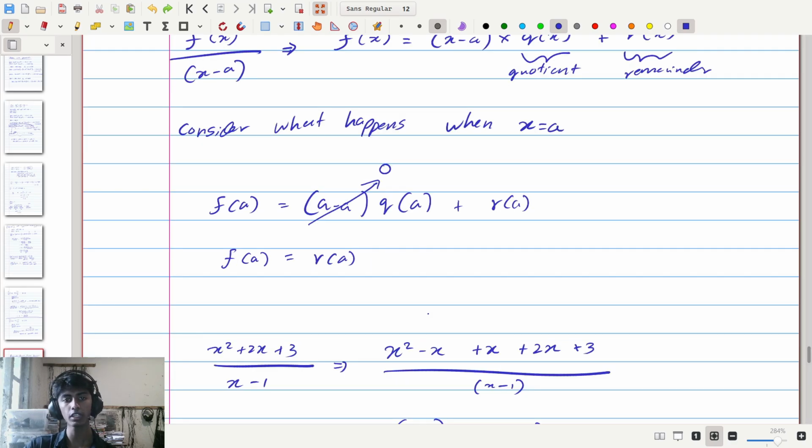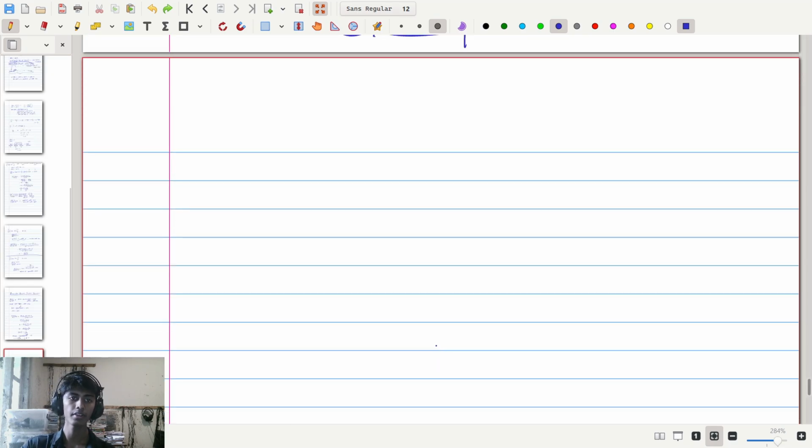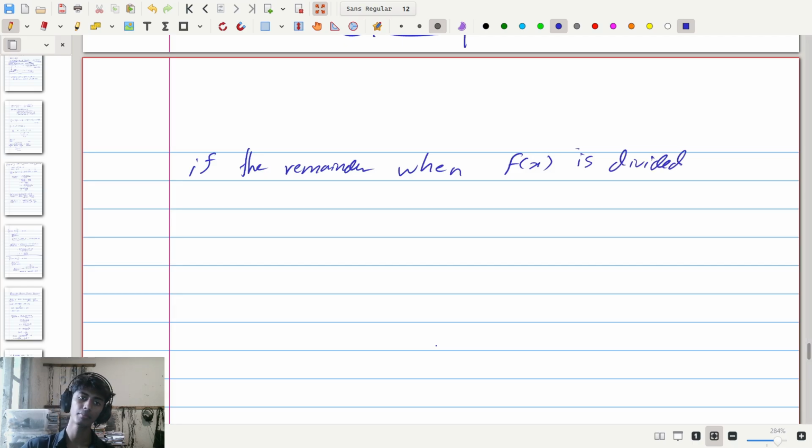This is what we call the remainder theorem. The remainder theorem is the fact that if the remainder when f(x) is divided by x minus a is r(x), then we can say that f(a) is equal to r(a).